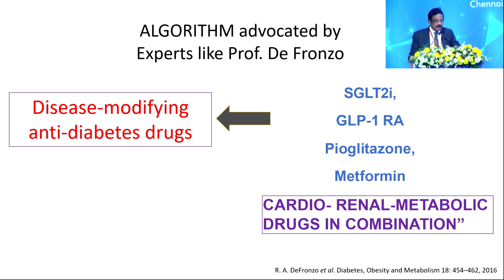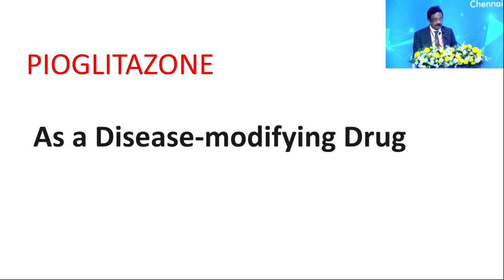Professor DeFronzo has also enumerated these four drugs, SGLT2 inhibitors, GLP-1 receptor agonists, pioglitazone and metformin, as cardiorenal metabolic drugs with a disease modifying action.